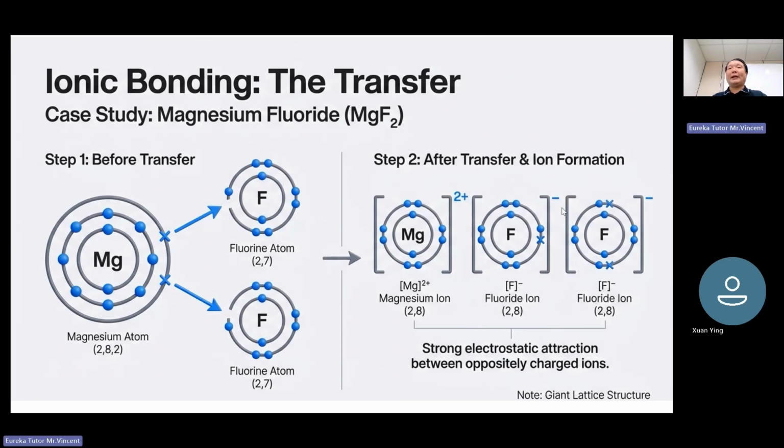And then each fluoride ion gets 1 electron and becomes -1, -1. From here, there are strong electrostatic attractions between the oppositely charged ions, so it becomes magnesium fluoride. These oppositely charged ions attract strongly and can form a giant ionic lattice.